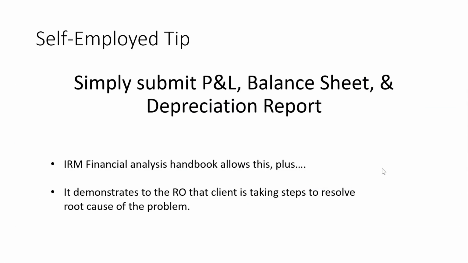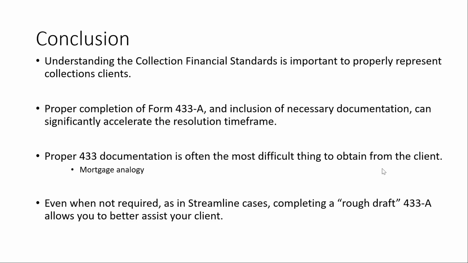Larry, the 433B is the collection information statement for businesses. It is very, very similar to the A, except obviously those expense categories we talked about today do not apply, okay? But still do the 433B, have that P&L, so that you can have the conversation. But start with the financials.